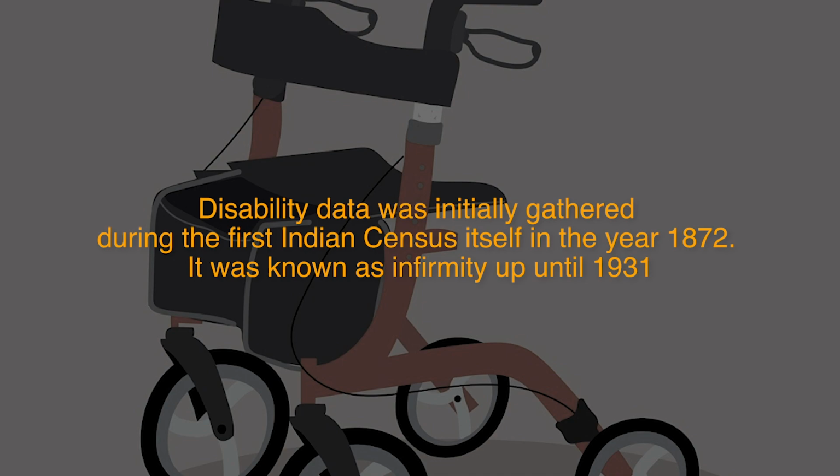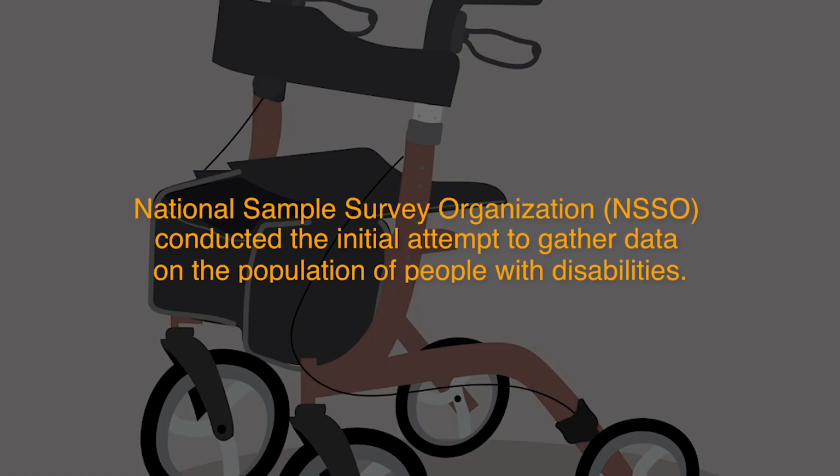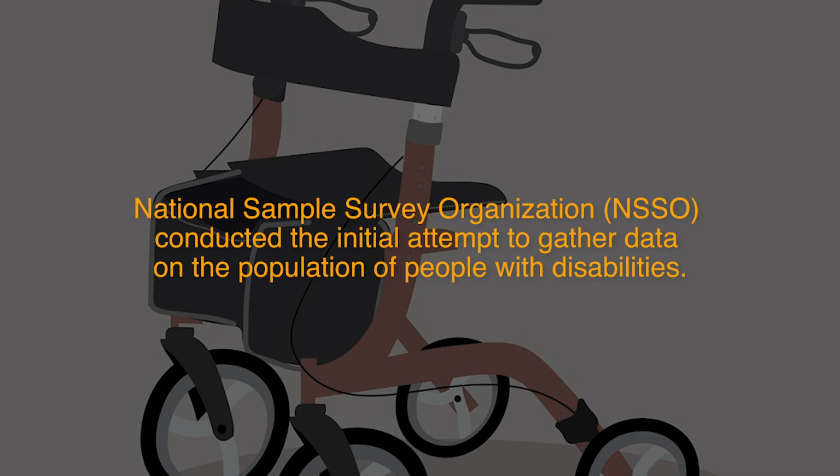It was initially known as infirmity up until 1930. In the 15th round, which ran from July 1959 to June 1960, the National Sample Survey Organization conducted the initial attempt to gather data on people with disabilities.